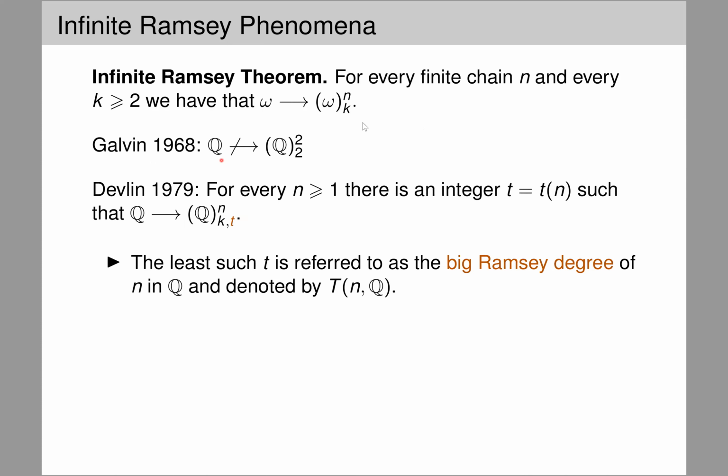Devlin, who tried to take a look at Q, the chain of the rationals. And Galvin proved in 1968 that the chain of the rationals does not have the Ramsey property.